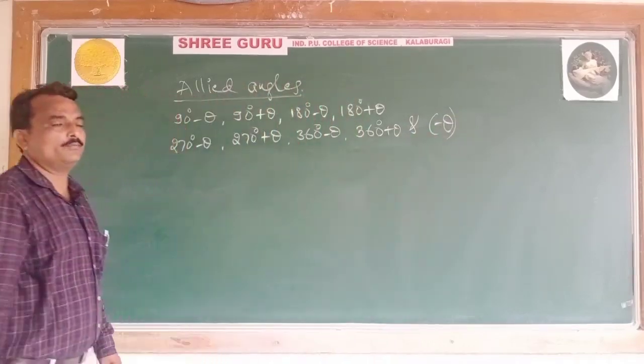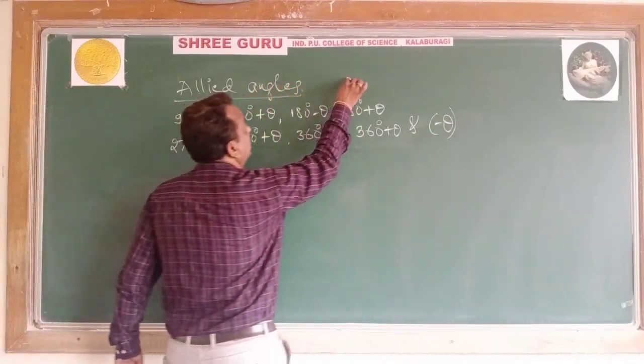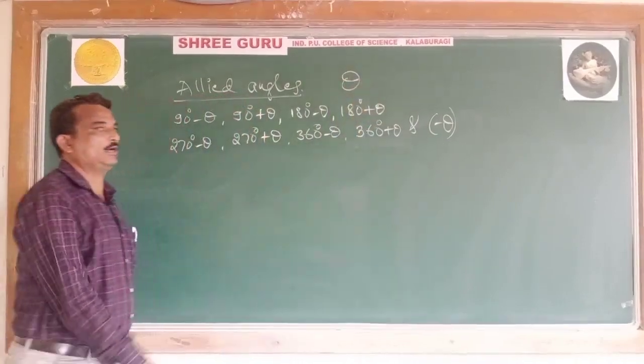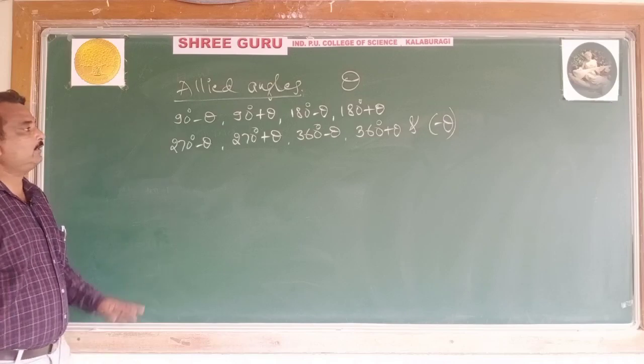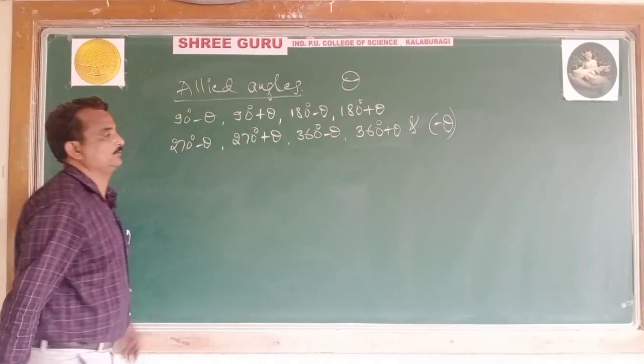These are all angles allied to theta, and they are known as allied angles.